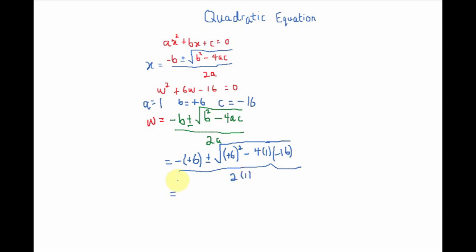Minus times plus is minus, so we'll be having minus 6 here, plus or minus square root. Plus 6 squared is 36. That is plus 6 times plus 6, that is 36. Plus times plus is plus, 6 times 6 is 36. Minus times minus is plus, that's how I put it, plus 4 times 1 is 4, times 16 is 64.